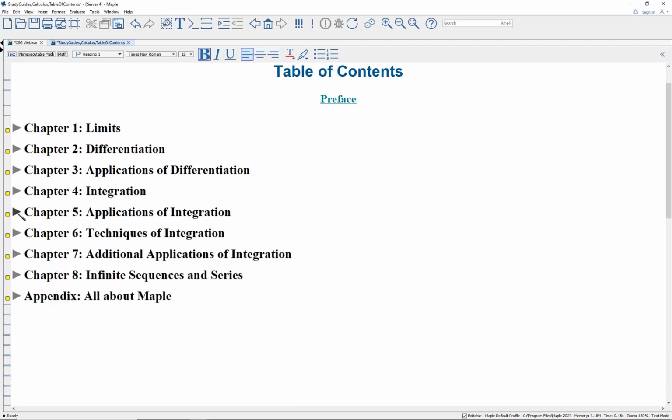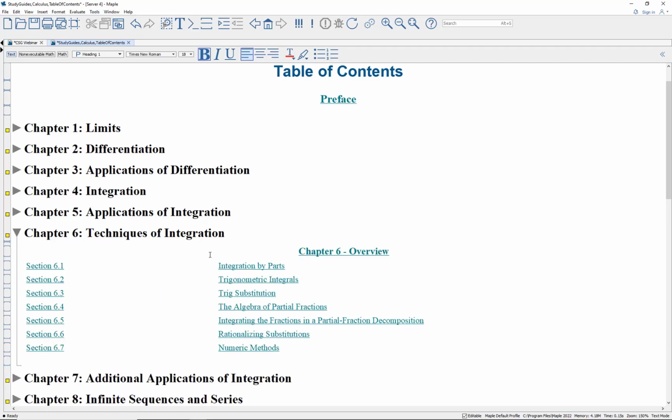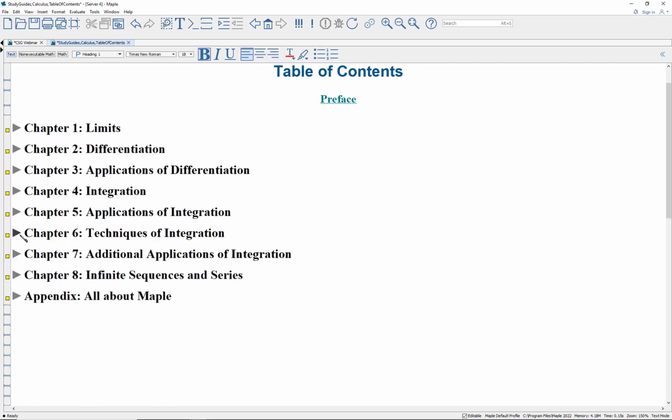In chapter 6, you get the famous work on integration techniques. So integration by parts, which is important. Then you need trig integrals, because when you do trig substitution, you end up with trig integrals. Then you have partial fractions. First there's the algebra, and then there's the integration of the fractions that you get when you do partial fractions, rationalizing substitutions, numeric methods.